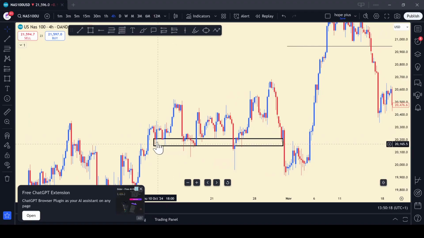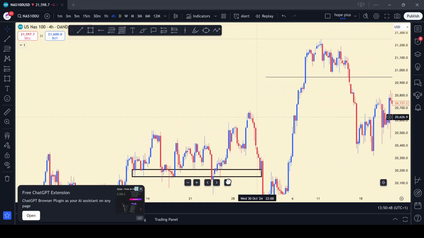Is it broken the moment price breaks or closes below the first line? Or is it when price closes below the second line? It's very subjective. And whenever a thing is subjective, as a trader, it becomes difficult to rely on such a thing for long-term consistency.